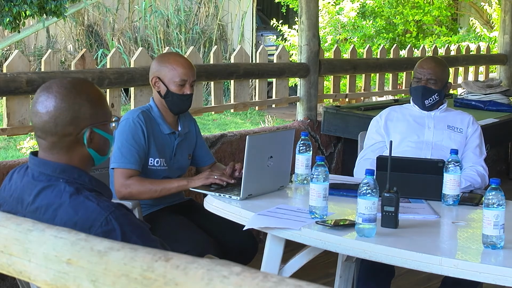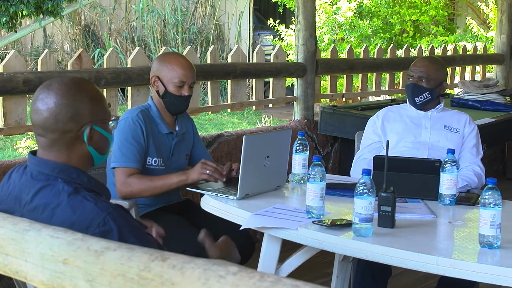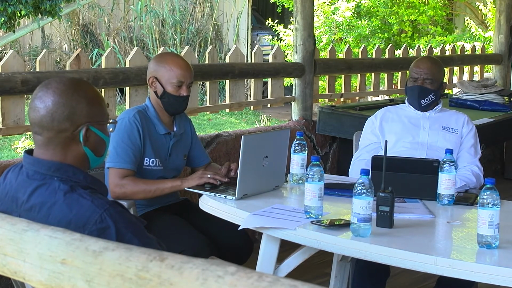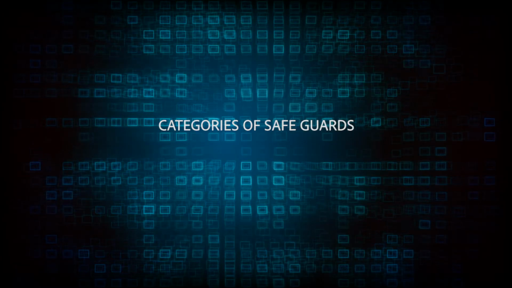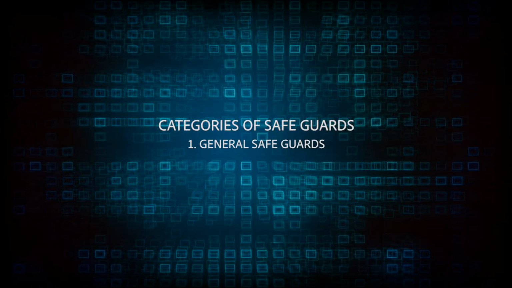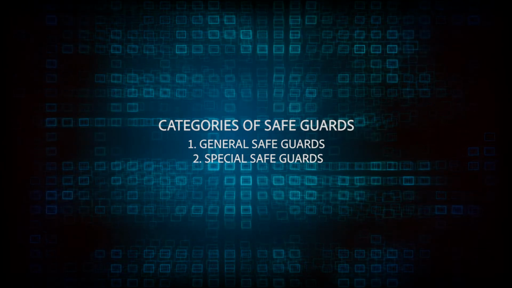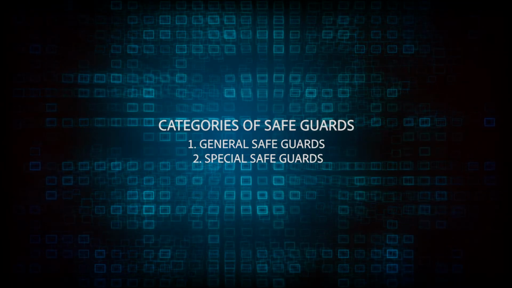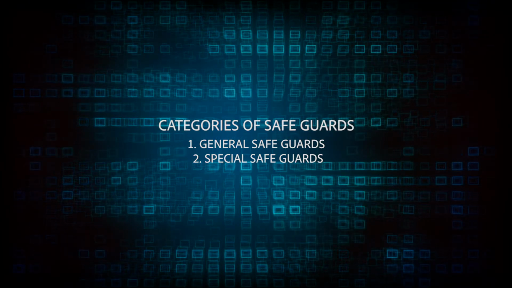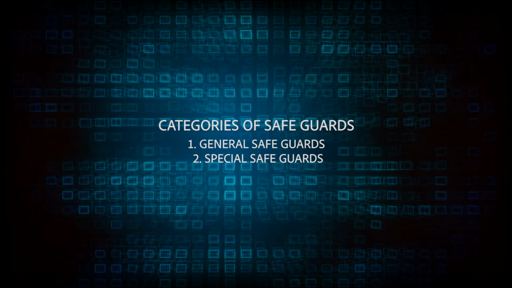So there's normally an anti-dumping tariff, an additional countervailing tariff, and in the case of safeguards, there are two categories, because there are general safeguards and there are also special safeguards. So those are the actions that will be taken once a clear determination has been made.